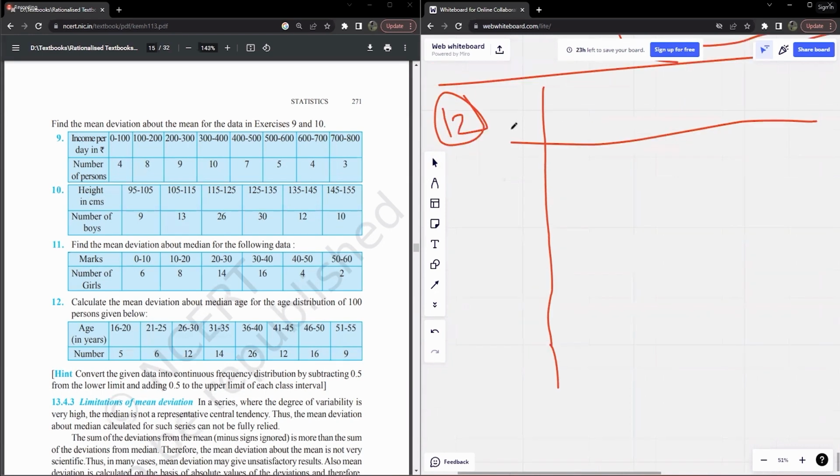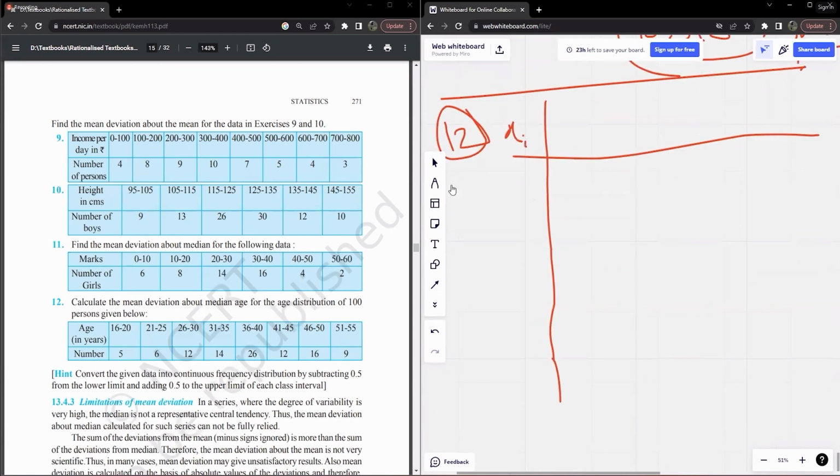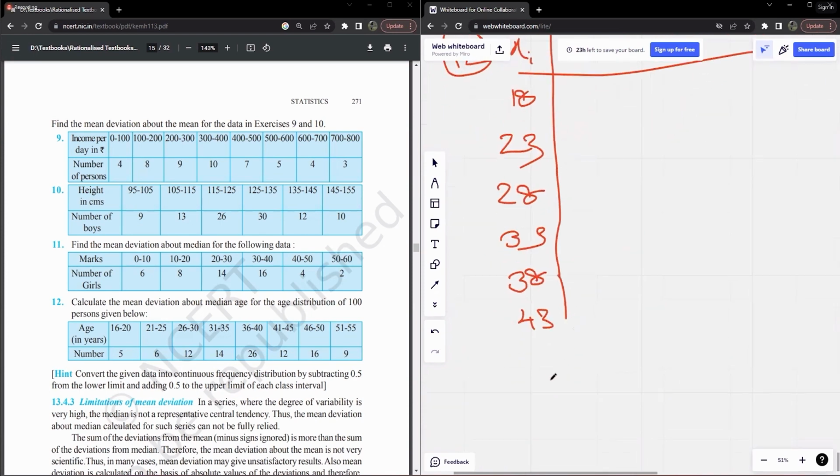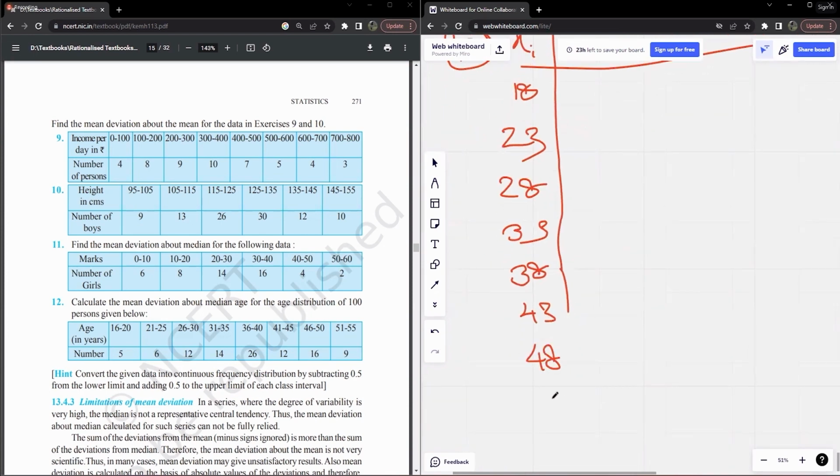So you can directly write your xi's as (16 plus 20) by 2, that is 18. Then 21 plus 20, 38, then 43, 48, and 50.